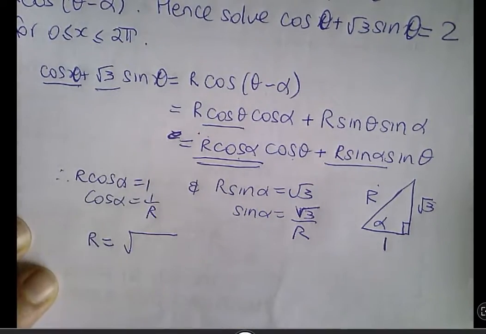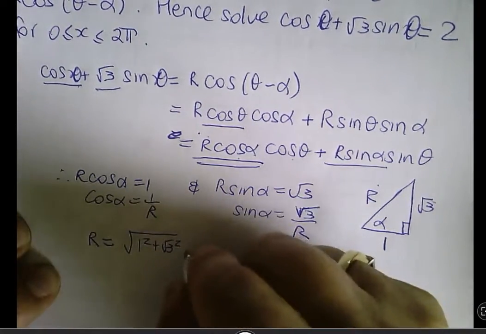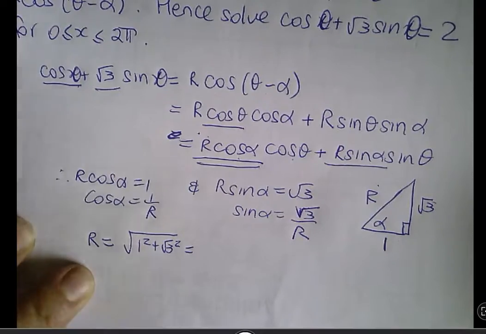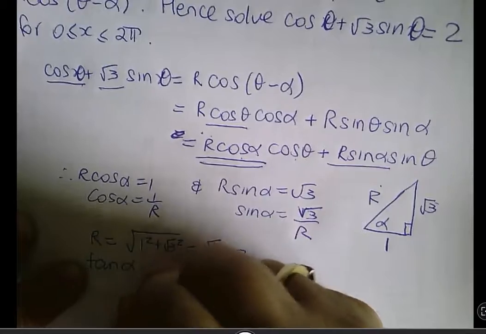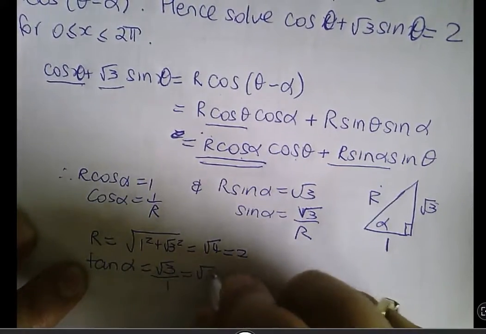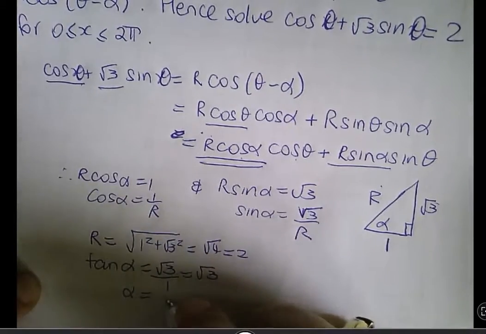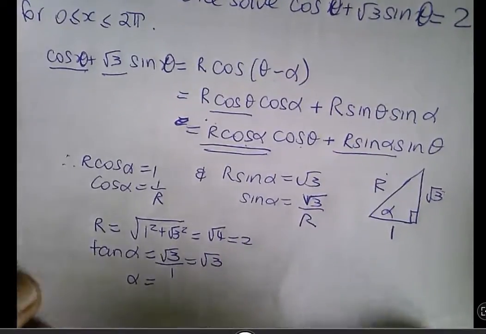Square root of, do you remember? 1 squared plus root 3 squared, which is the square root of 4, which is 2. And tan alpha is root 3 on 1, which is root 3. Therefore, alpha is 60 degrees, but we don't write 60 anymore. We write pi on 3.